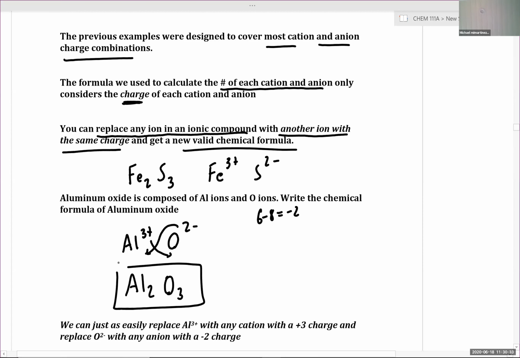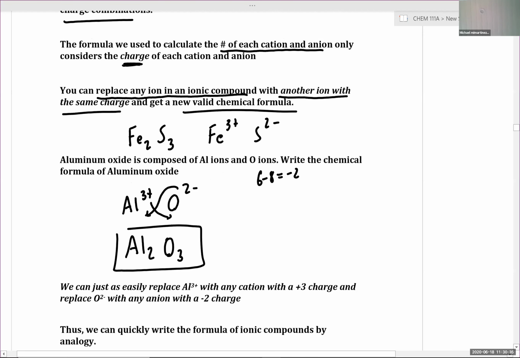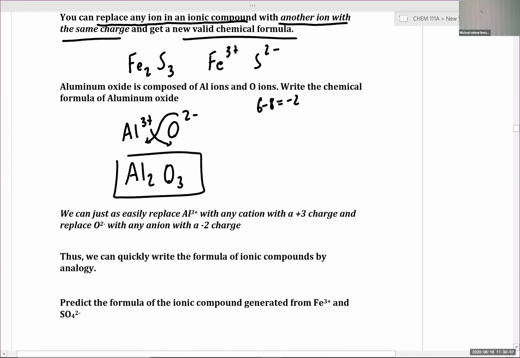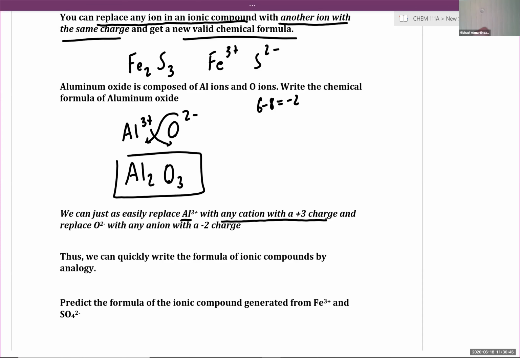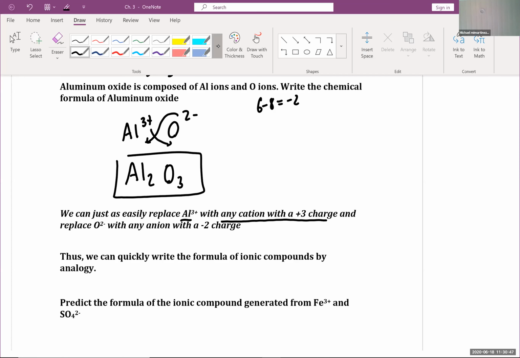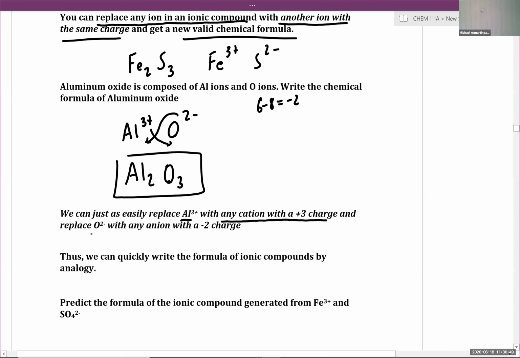Now, the real important thing to note here, and to really tie this all together, we can just as easily replace this aluminum with any cation with a +3 charge, and we'd still get a perfectly valid formula. We can also replace oxide with any anion with a 2- charge, and we'd also get a valid formula.